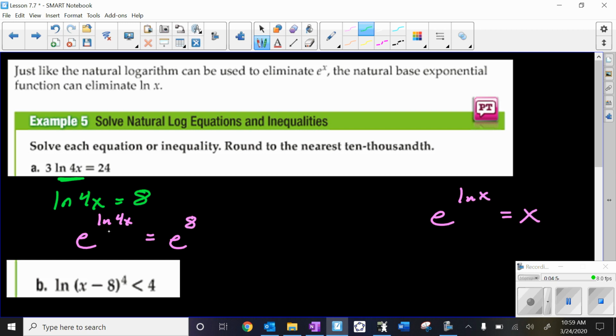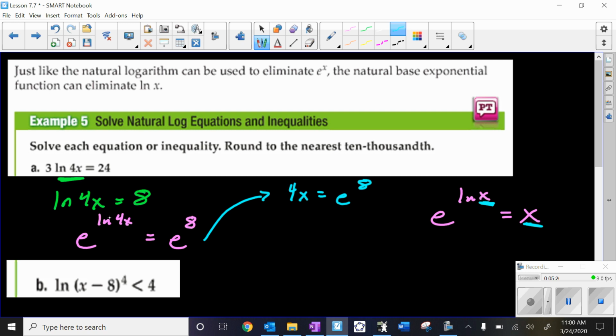So now I'm going to look at the left side over here. I have e to the natural log of 4x. Notice that looks very similar to this over here. e to the natural log of x is just x. So whatever this is, that's what this becomes over here. So since x really is the same thing as 4x, we now have 4x equal to e to the 8th.